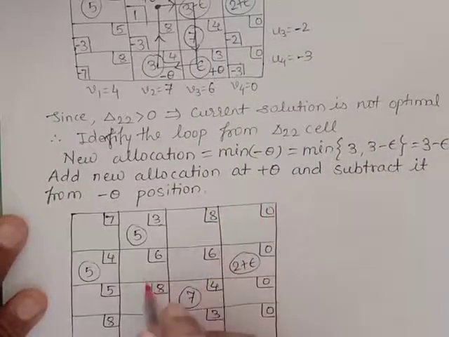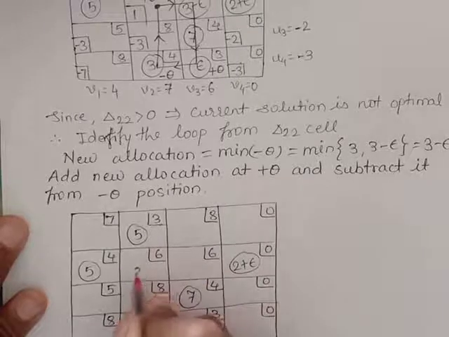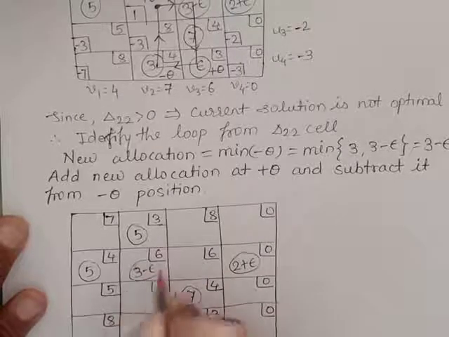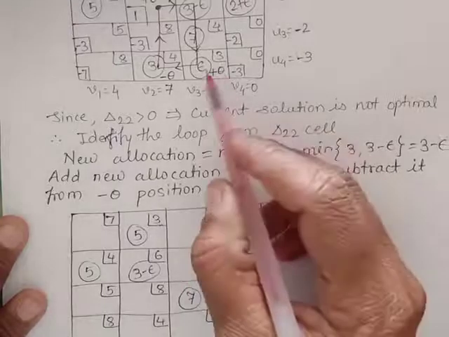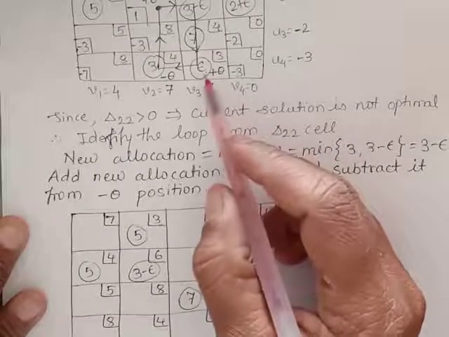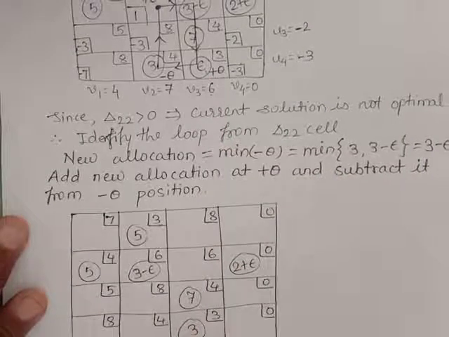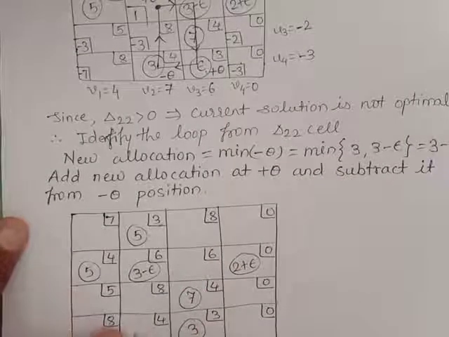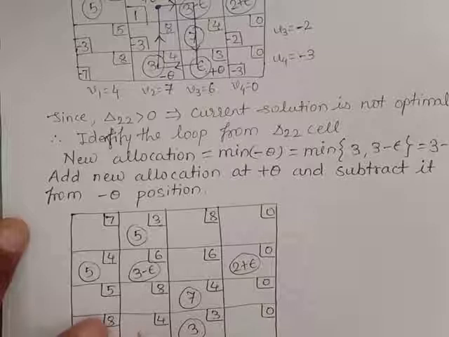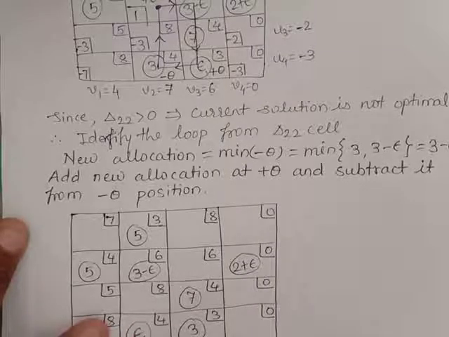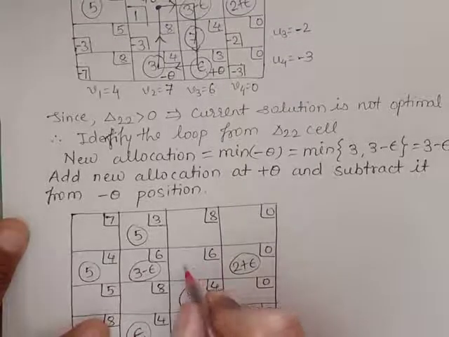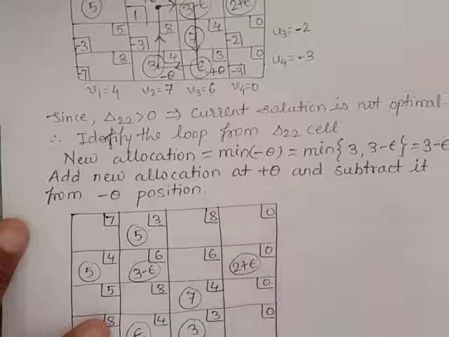So plus theta is here, so 3 minus epsilon I will write here, and if I add 3 minus epsilon in this, then I will get 3 here. Okay, here we have to subtract 3 minus epsilon, so it will become epsilon, and here we have to subtract 3 minus epsilon, so there will be no allocation.